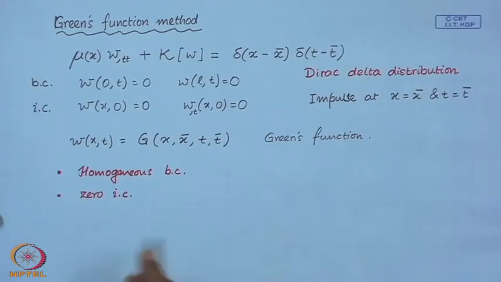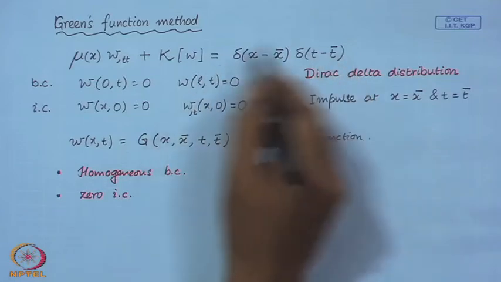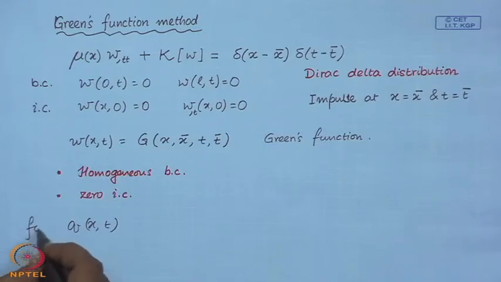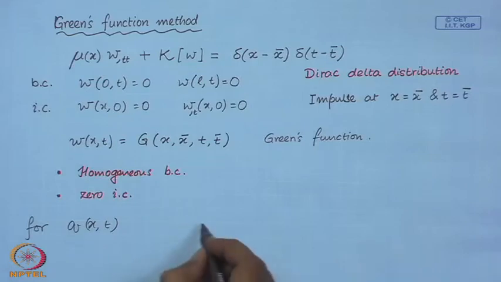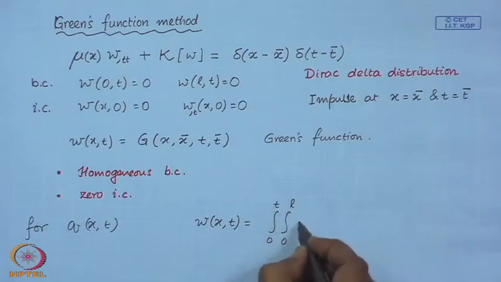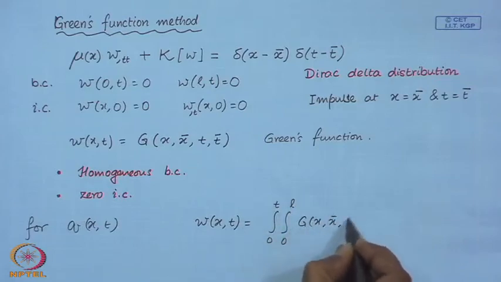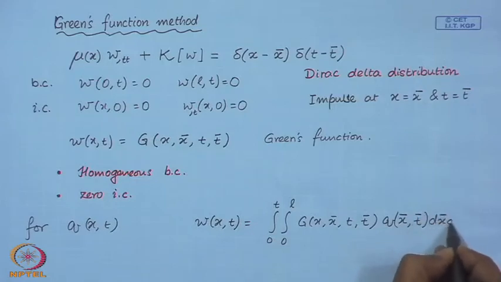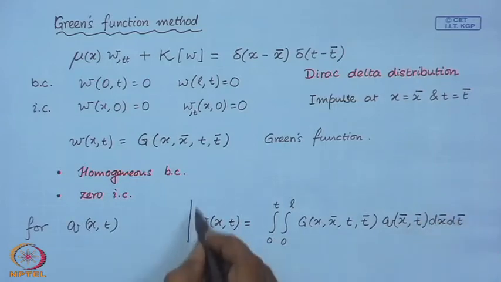So, we claim that for any arbitrary forcing, when we have forcing in the form of q(x, t), a general forcing, then the solution can be obtained in this form.